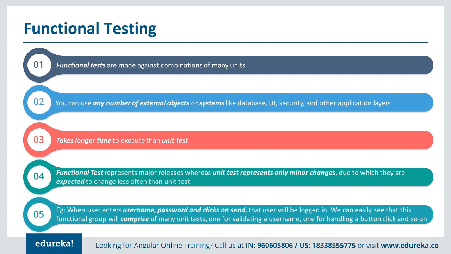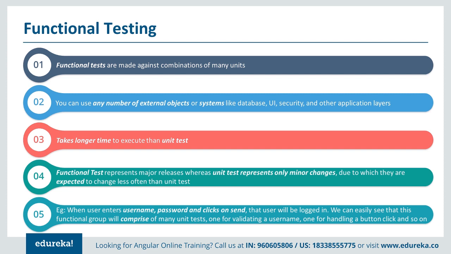What an end user will do, a QA engineer will do. If I ask a QA user to open my application in a browser, he will go to the browser, enter http://localhost:4200, start entering username and password, and click a button. That functionality can also be automated. That is called functional testing.